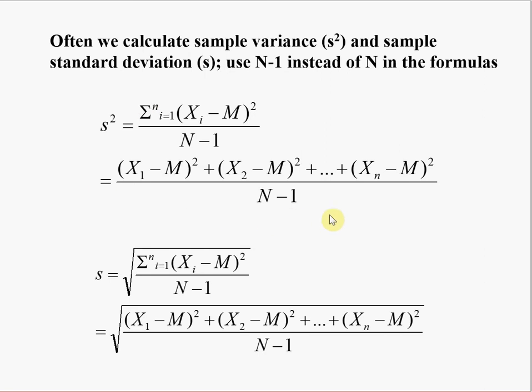If you do not have the population mean, you just use a sample mean and bring the sample mean into the formula to calculate the sample variance and the sample standard deviation. Okay. We're going to have an in-class activity where you're going to practice how to calculate variance and standard deviation for a sample. Okay.